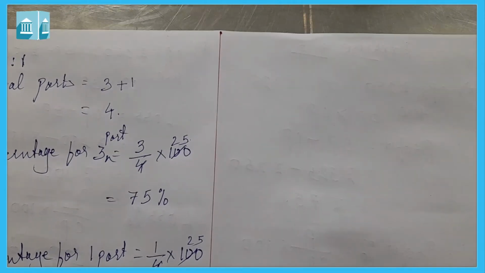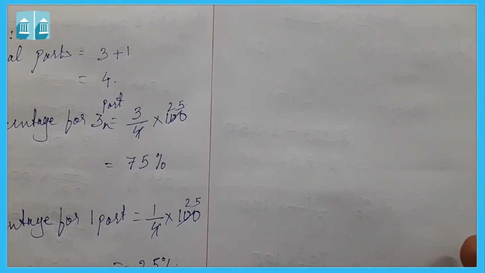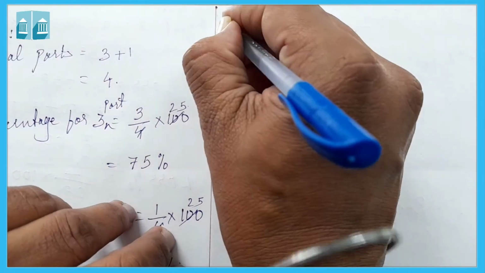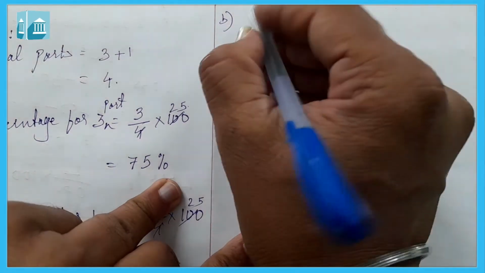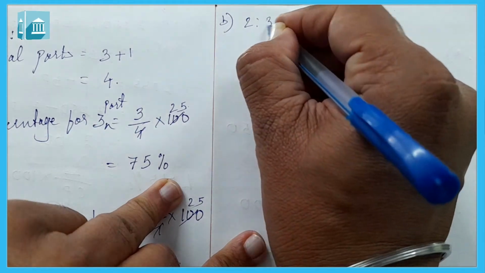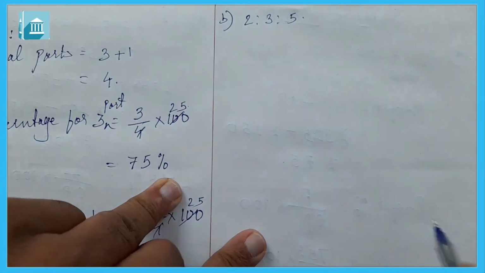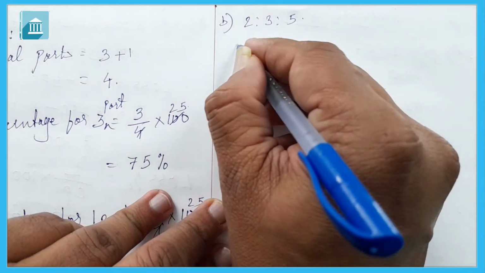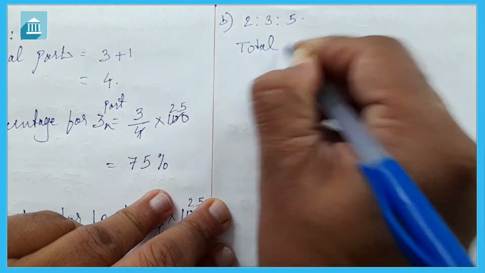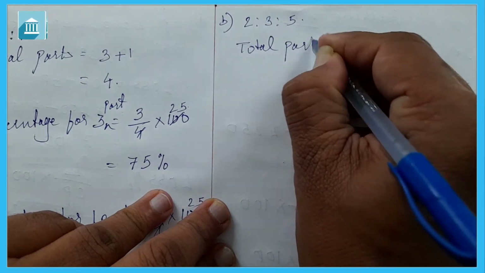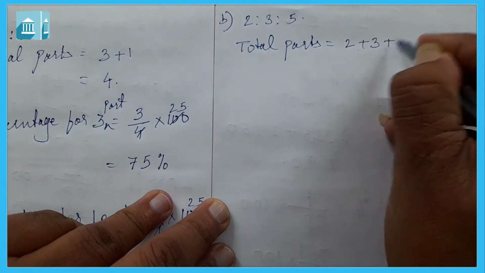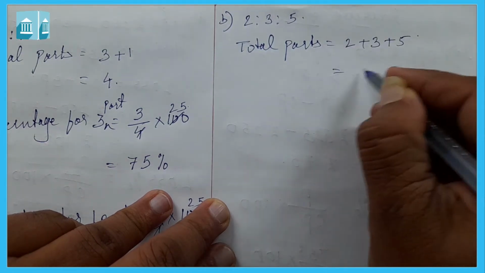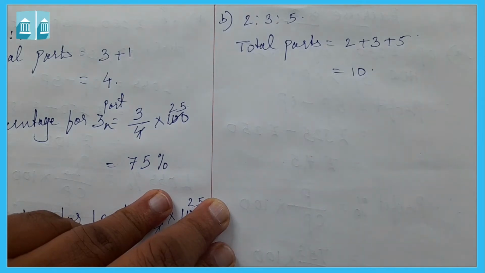Now let us see question number B, which is 2:3:5. First we have to find out the total parts. So total parts is equal to 2 plus 3 plus 5, which is equal to 10 parts.